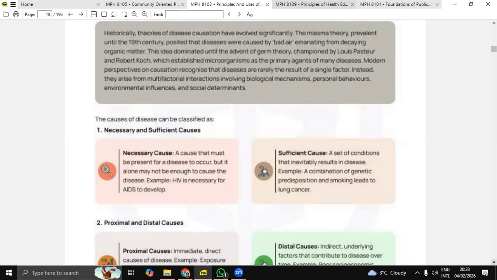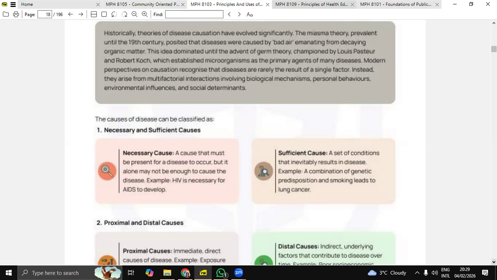And then we had something revolutionary, which was brought about by Louis Pasteur and Robert Koch. Those two people were able to establish that when we take samples from these illnesses and go under the microscope, we see things that are living. We see things that are mobile. They are moving.